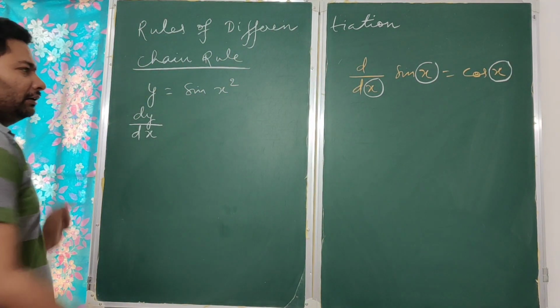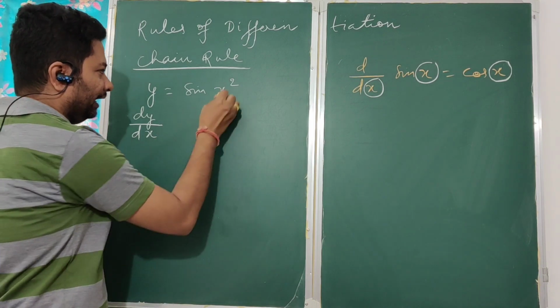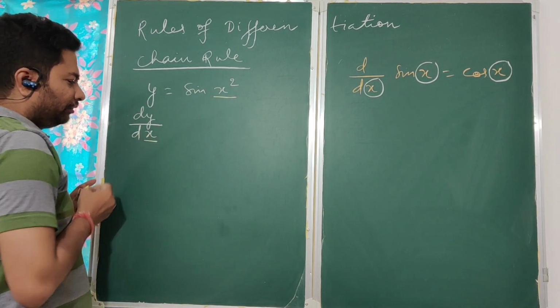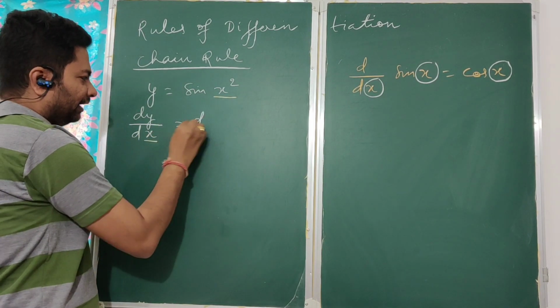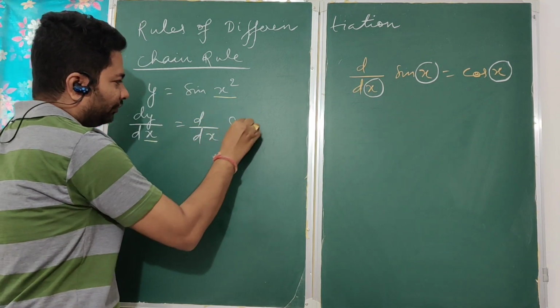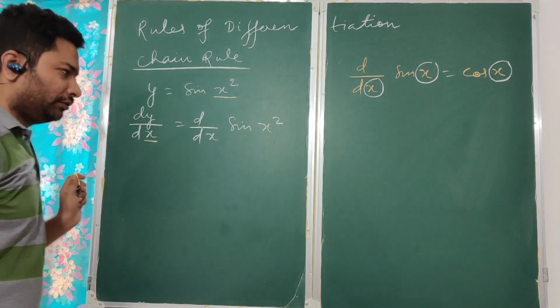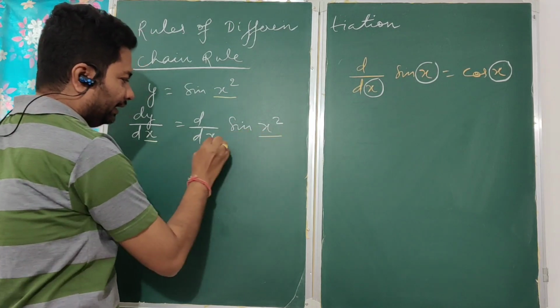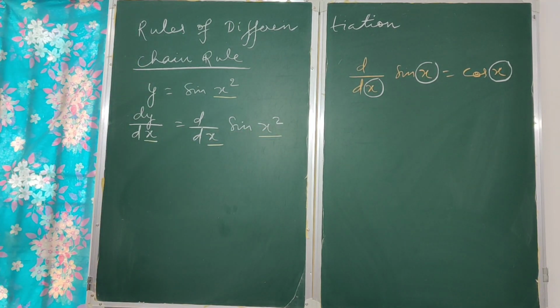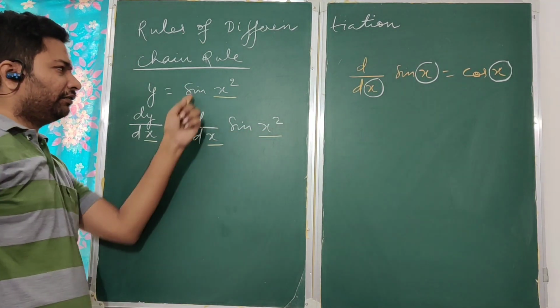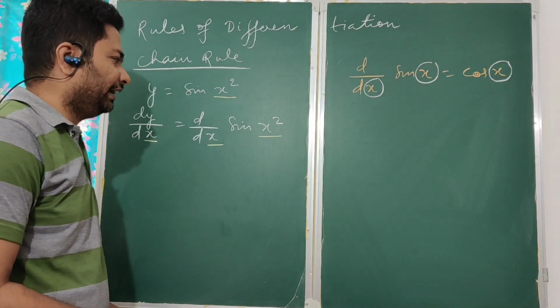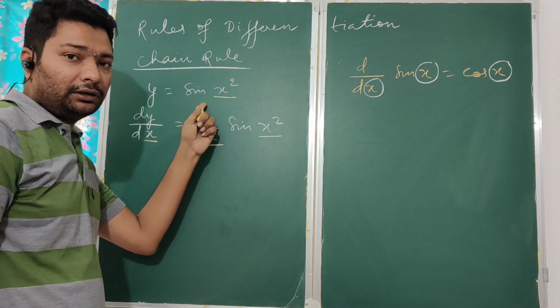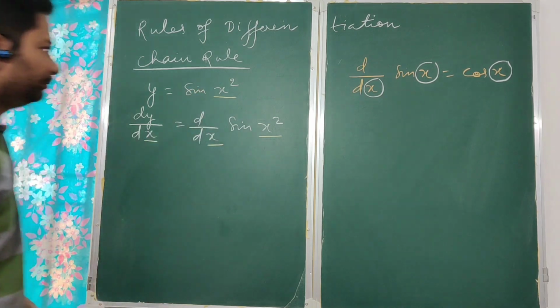But here you have x square, and they are asking us to differentiate with respect to x, that is, d by dx of sine of x square. So here we have x square and here we have x. So you can write this function as a composite function.